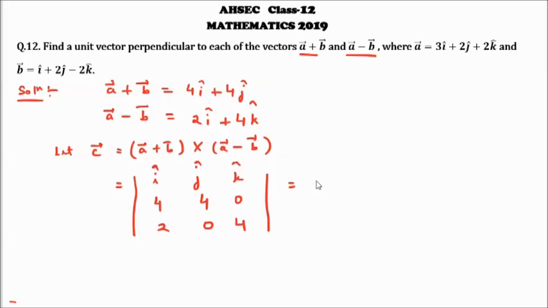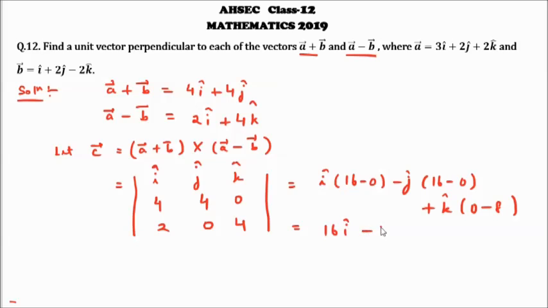From here I will get my c vector as, if I expand this, i cap (16 minus 0), minus j cap (16 minus 0), plus k cap (0 minus 8). So I'll get the ultimate answer 16 i cap minus 16 j cap minus 8 k cap.